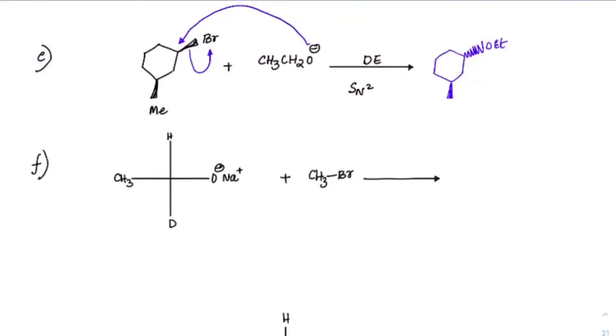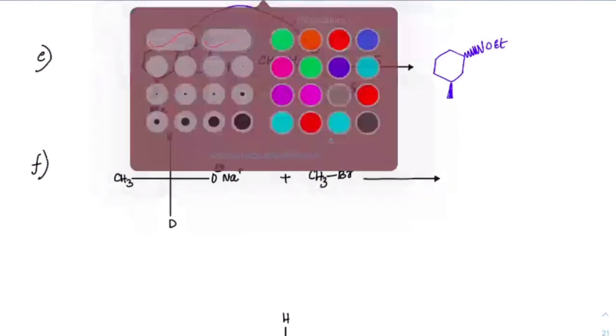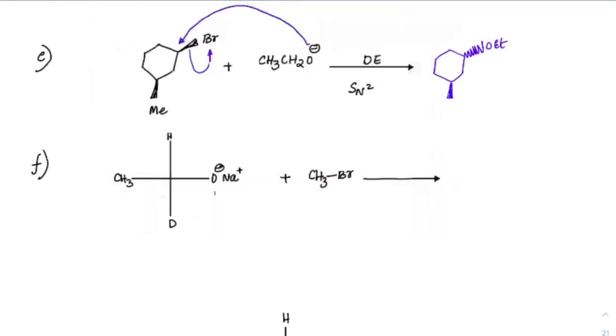Next, first let me write what is the configuration here. By priority it is 1, then 2, then 3, and then 4. If you check how it is rotating, it is 1, 2, 3, so it is actually anti-clockwise rotation.